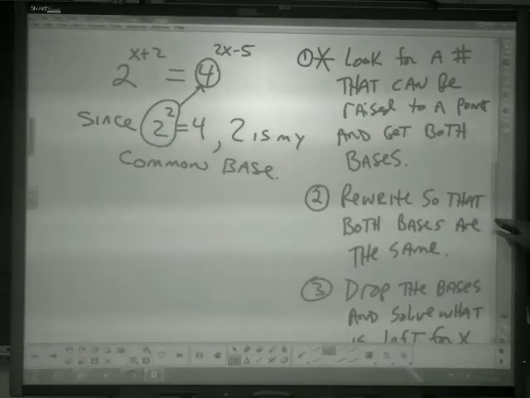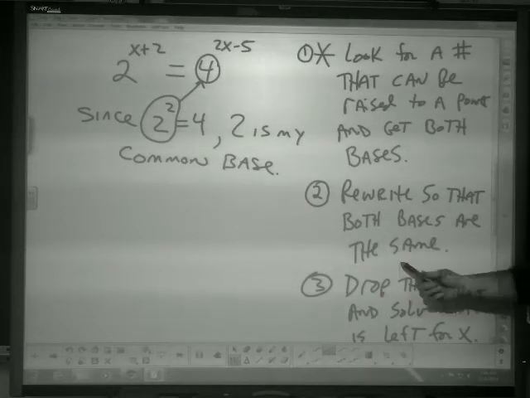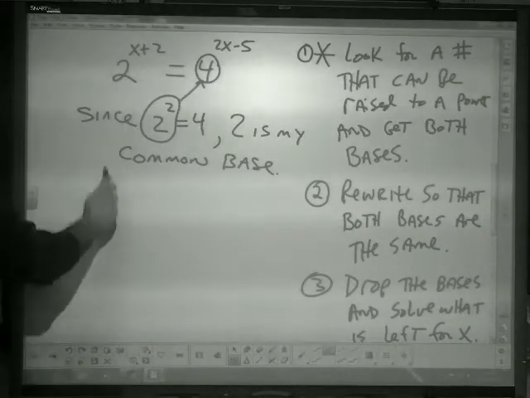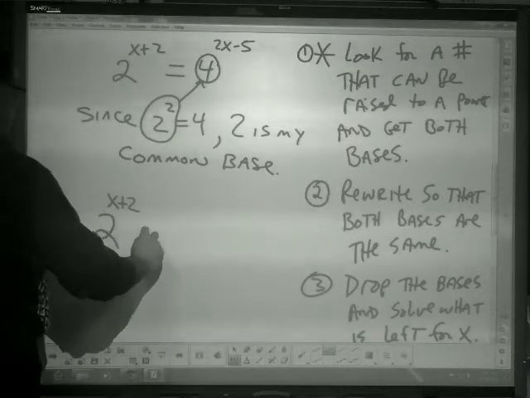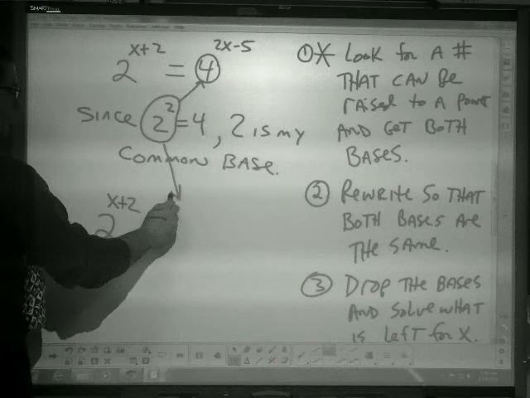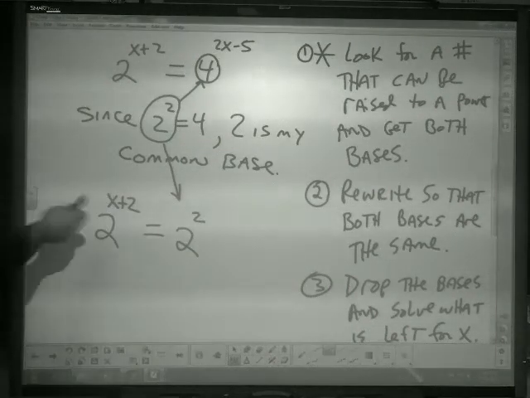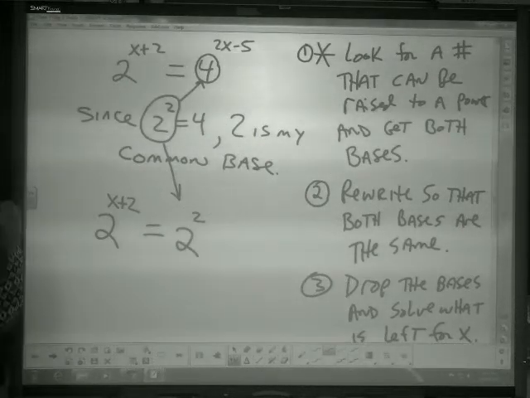So, step 2. Rewrite so that both bases are the same. So I'm going to rewrite. If I'm not going to change the base, I'm just going to write what I have. This one, instead of 4, I'm going to write 2 squared. It's the same thing as 4, but now the base will be the same.